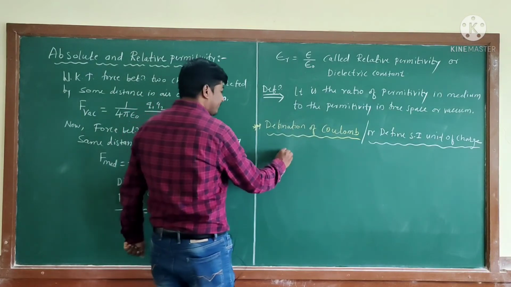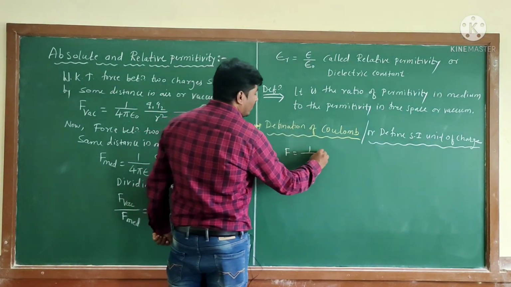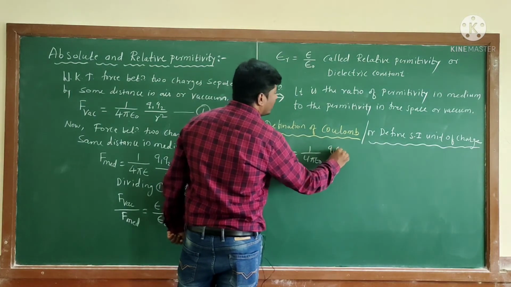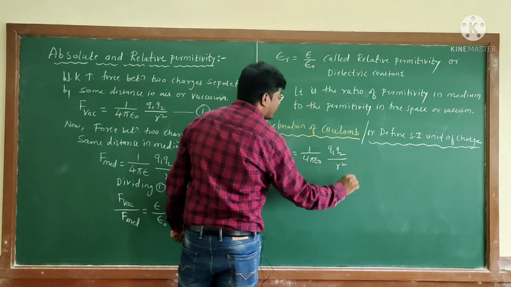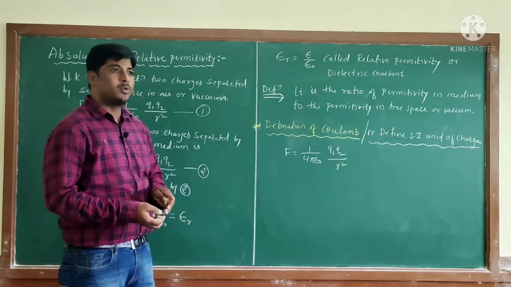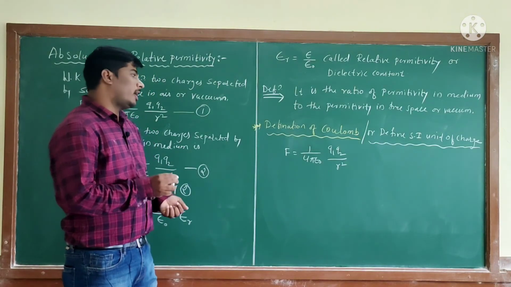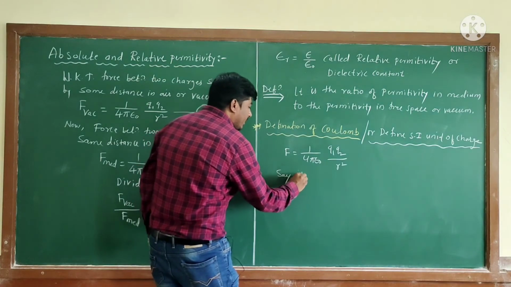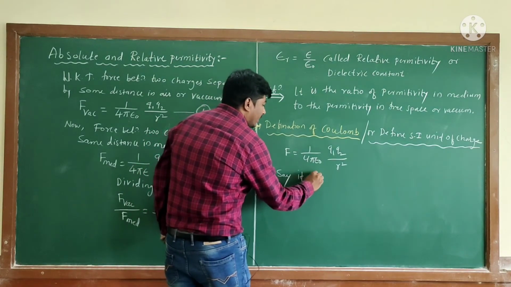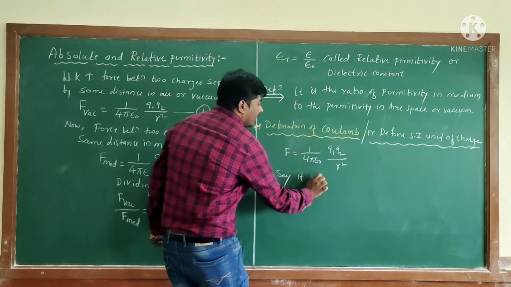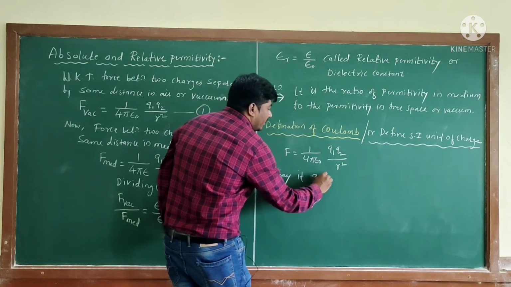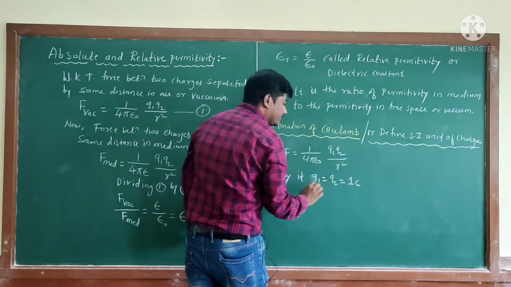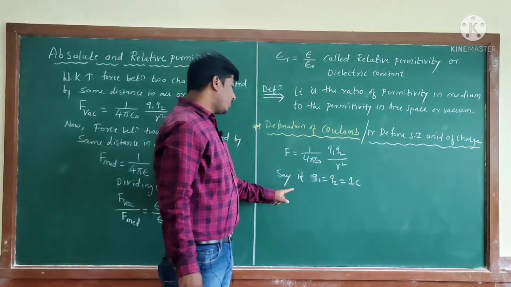We know that F is equal to 1 divided by 4 pi epsilon naught Q1 Q2 divided by R square. Say if Q1 is equal to Q2 is equal to 1 Coulomb, say still we have not defined Coulomb.